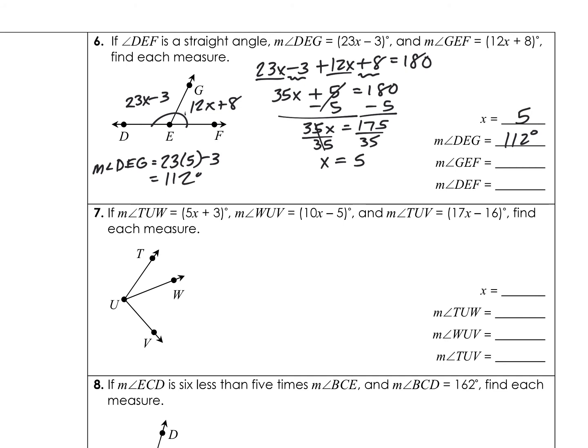The measure of angle GEF is equal to 12 times 5 plus 8. That is 60 plus 8, which is 68 degrees. And if we did this correctly, yeah, it better add up to 180.